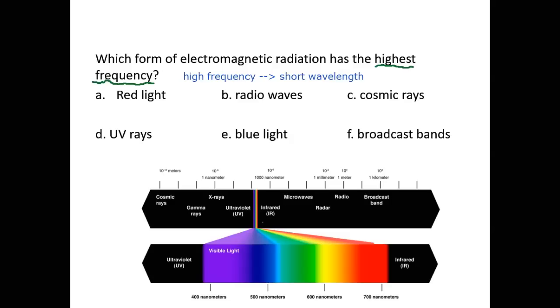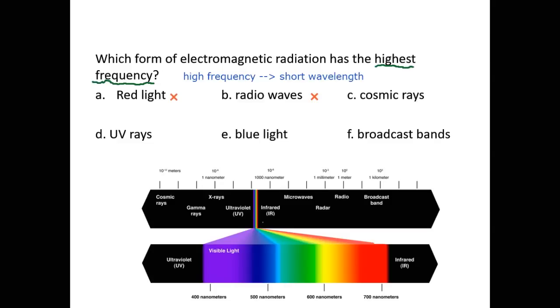So we can go ahead and omit radio waves because its wavelength is in the range of meters, whereas red is in the range of 700 nanometers. Next we go to C. C is cosmic rays. Cosmic rays is over here, and its wavelength is picometers. And picometers are smaller than nanometers, so we can disregard red light.